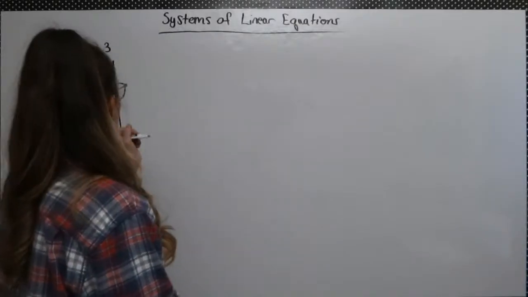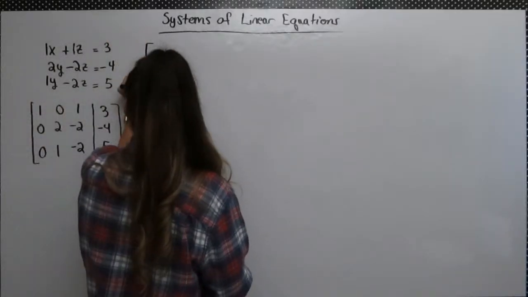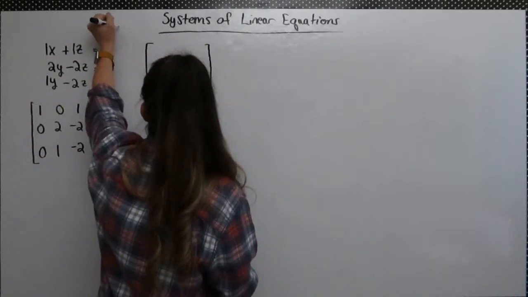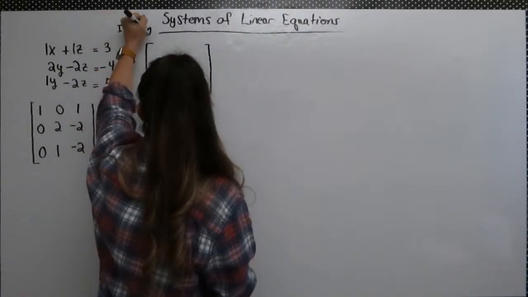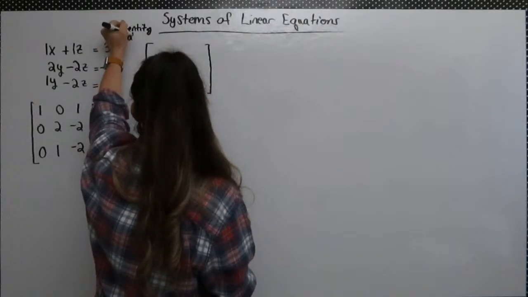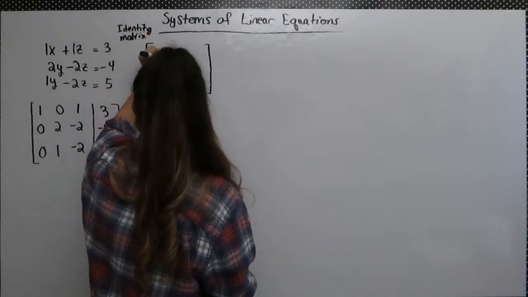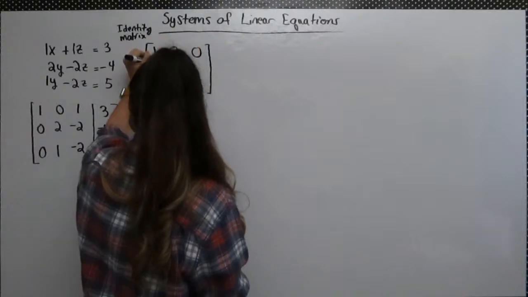As a reminder, we'll just list that identity matrix, and we can put that in here. And this is what it looks like for a 3 by 3. We have ones along the diagonal, and then everything else is 0.